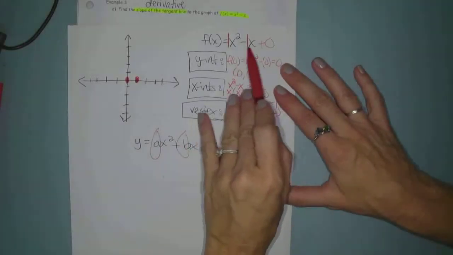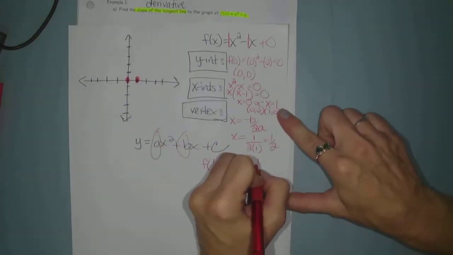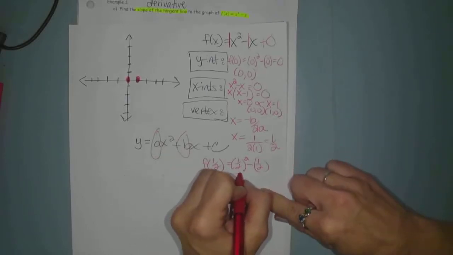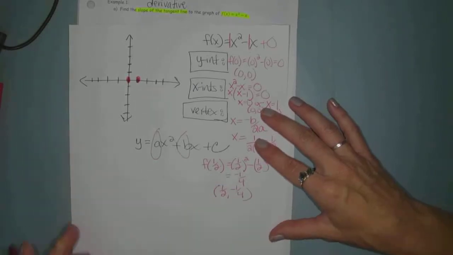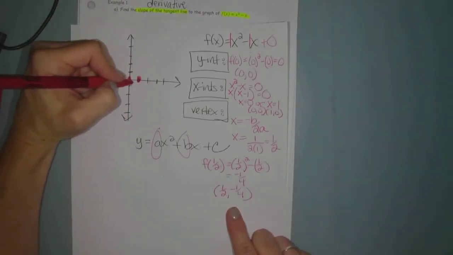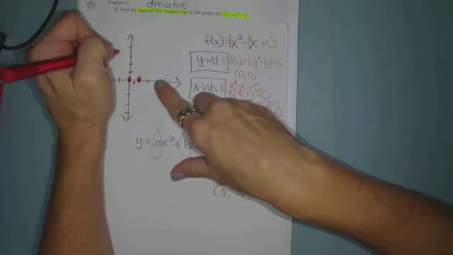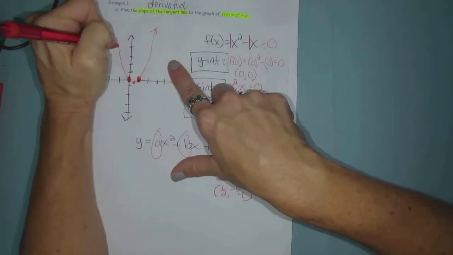And if I plug 1/2 back up here, I've got 1/2 squared minus 1/2, which is a fourth minus a half, or negative 1/4. So my vertex sits at 1/2, negative 1/4. And that's going to be just barely below the x-axis there. And so now I open my parabola upward with my positive a value, and here is my graph.